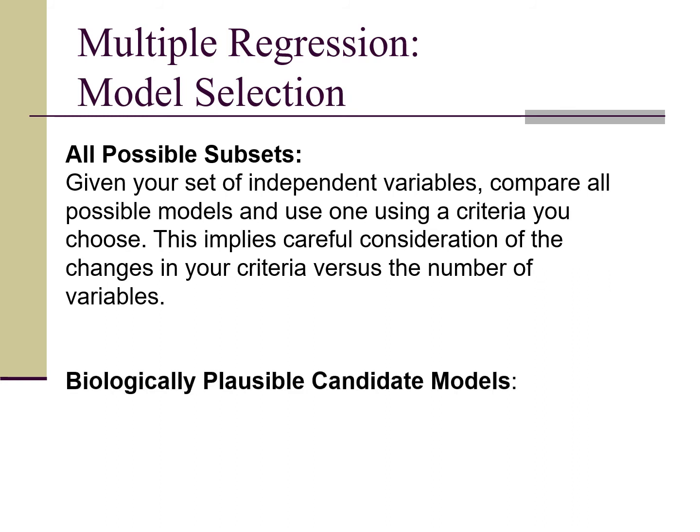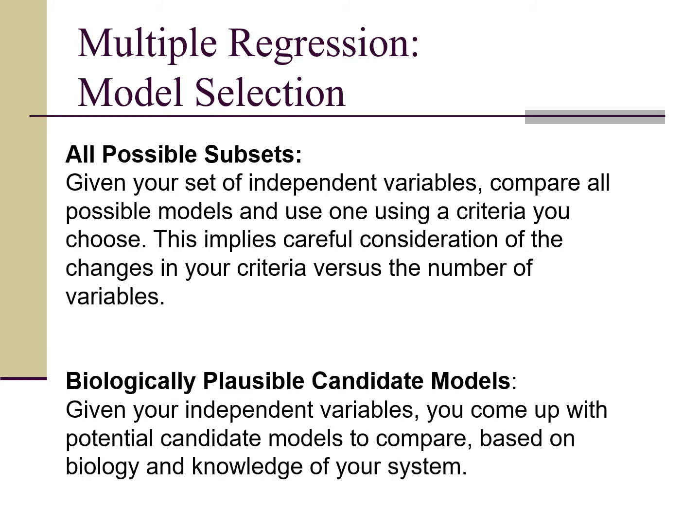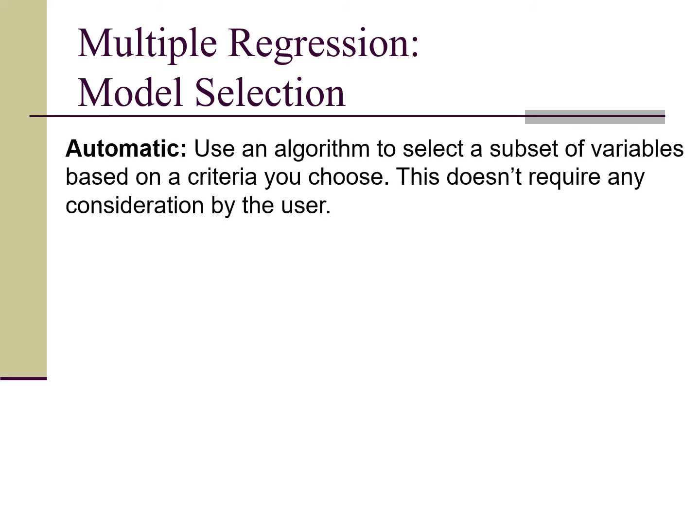And one thing you'll want to look at is what are the biologically plausible candidate models. Given your independent variables, you can come up with potential candidate models to compare based on biology and knowledge of your system. So that might be a way that you evaluate different subsets. And then automatic is just using an algorithm.